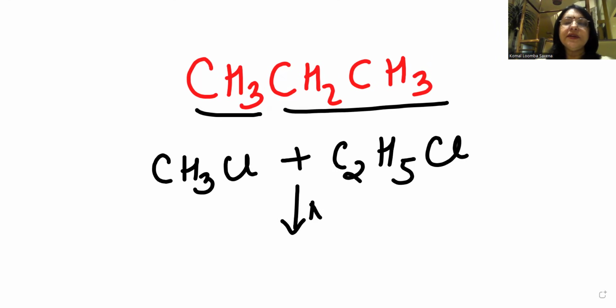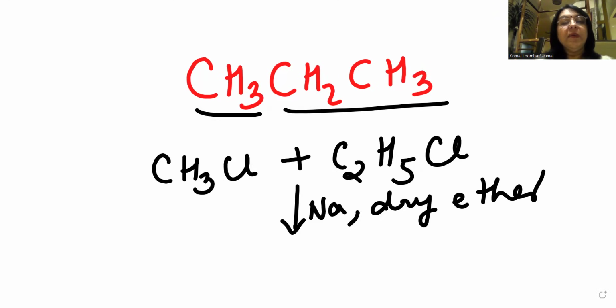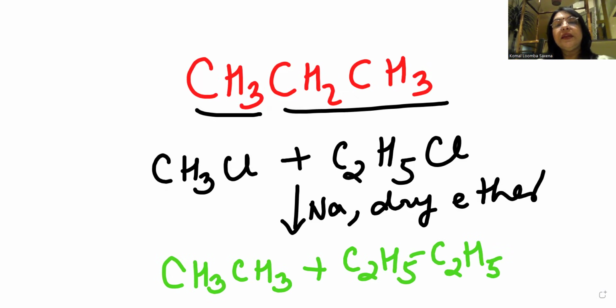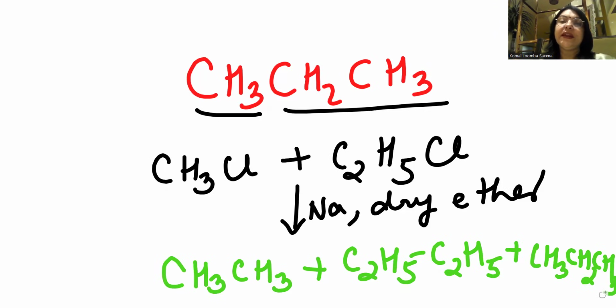I do the Wurtz reaction, I put sodium, I put dry ether, but now 2 molecules of CH3Cl will react together to form ethane, and 2 molecules of C2H5Cl would combine together to form butane, and then 1 CH3Cl and 1 C2H5Cl would combine to form propane. So in order to prepare propane, I ended up with 3 types of alkanes.